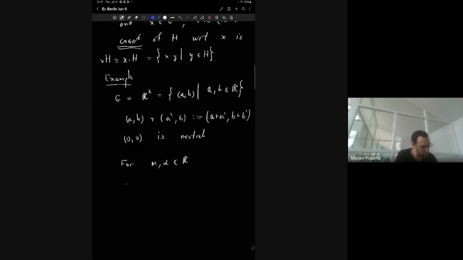I can consider H to be the set of solutions (A, B) such that B is equal to MA plus alpha.